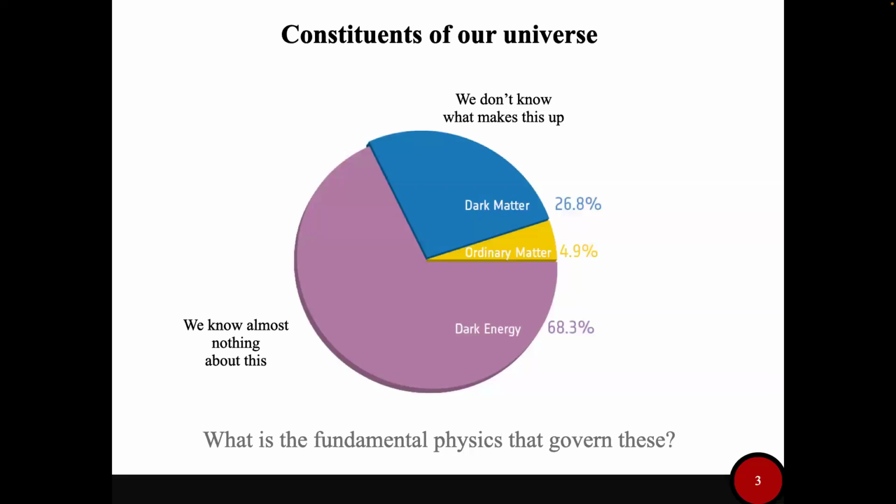So we know electrons, protons, neutrinos, photons, their properties, and these are well explained by the standard model. But are there dark electrons, dark photons, dark whatever, that can describe the dark matter sector or the dark energy sector? This is something that we're trying to find. My research is trying to figure out what is the fundamental physics that governs the dark matter sector.